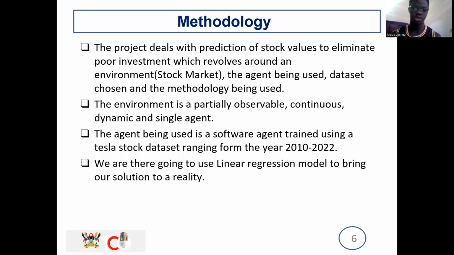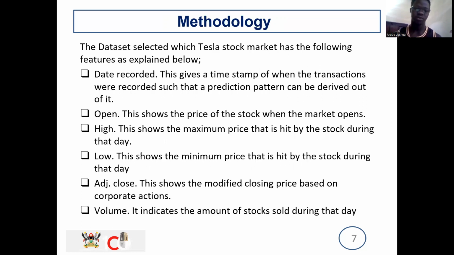For the methodology, we obtained our dataset from the Tesla dataset, ranging from the year 2010 to 2022. It's time series data, which consists of the date recorded, the open, the high, the low, the adjusted close, and volume.